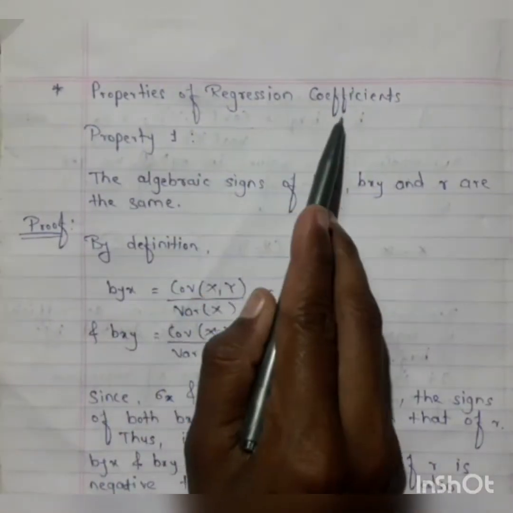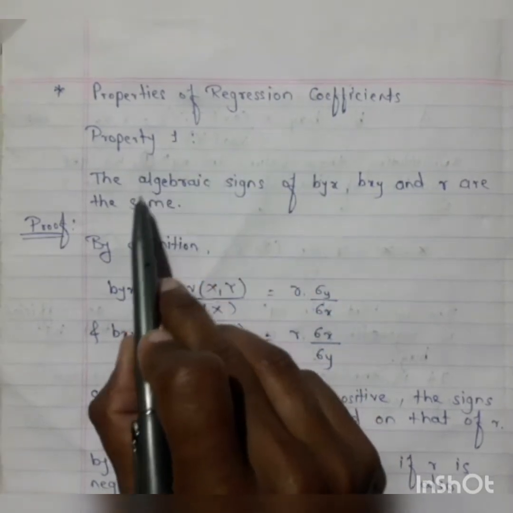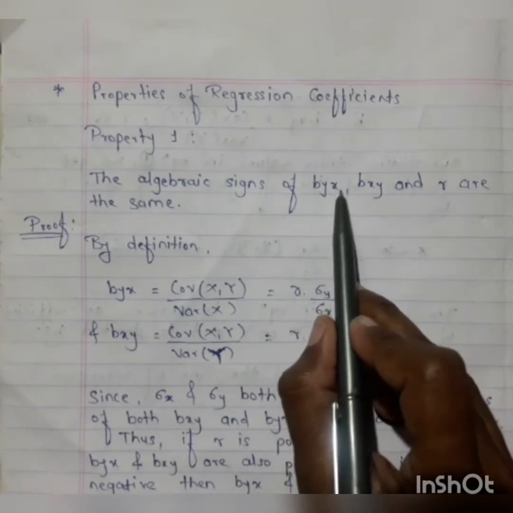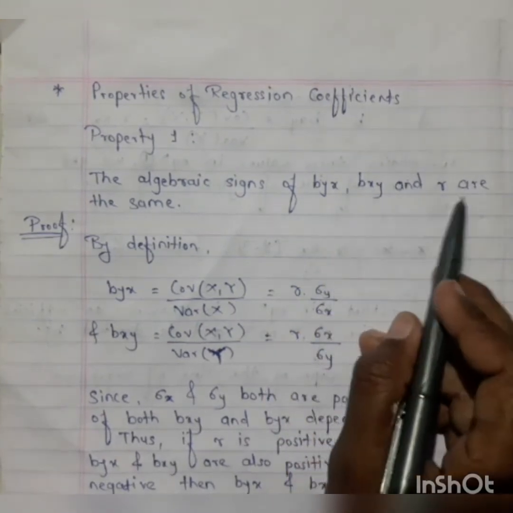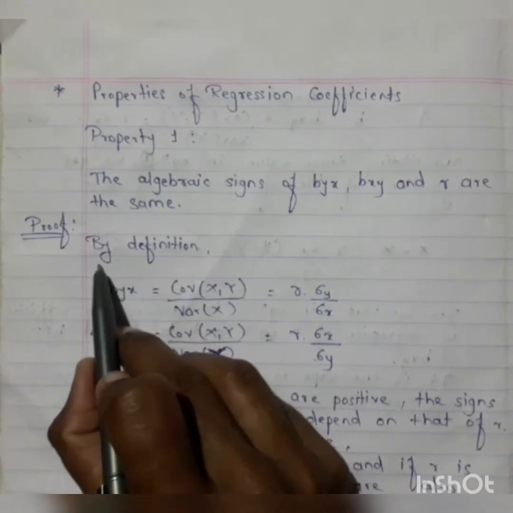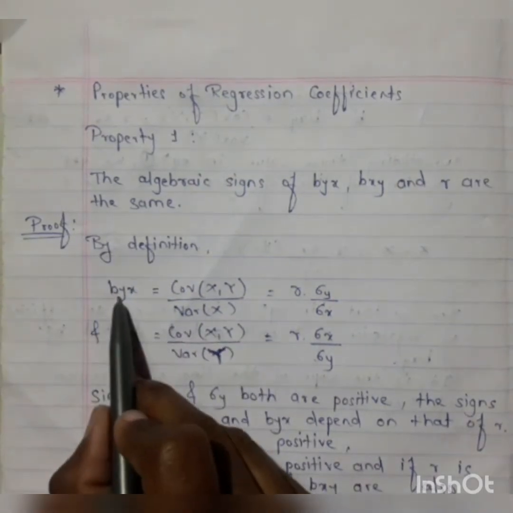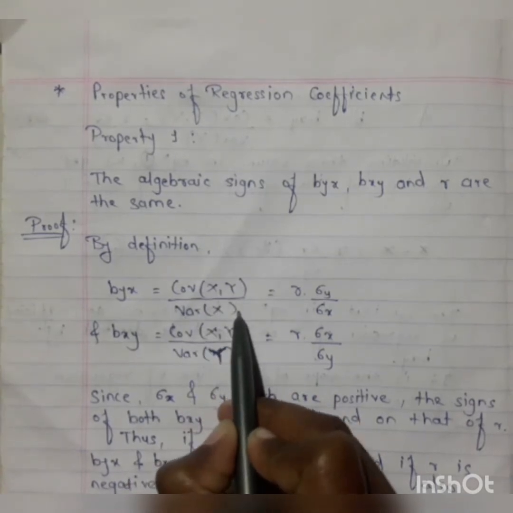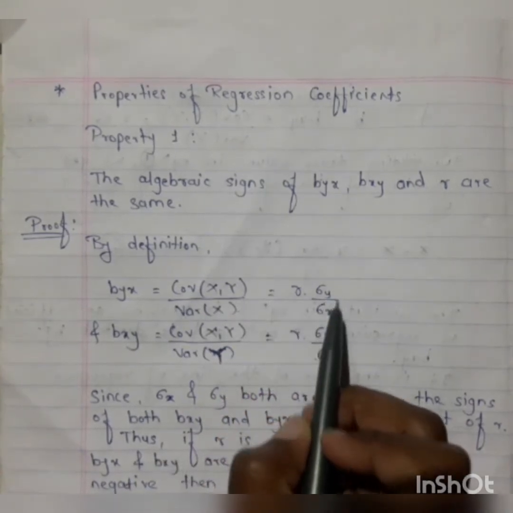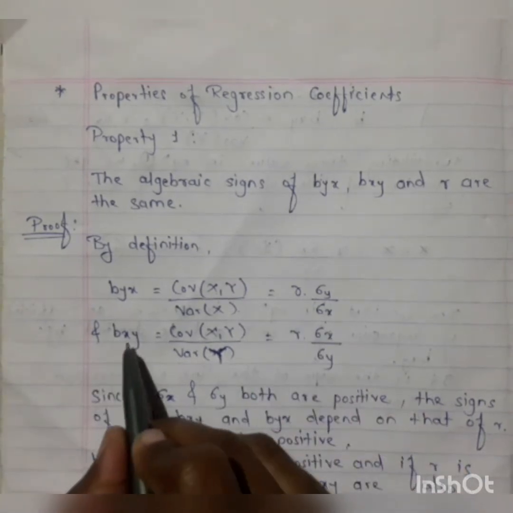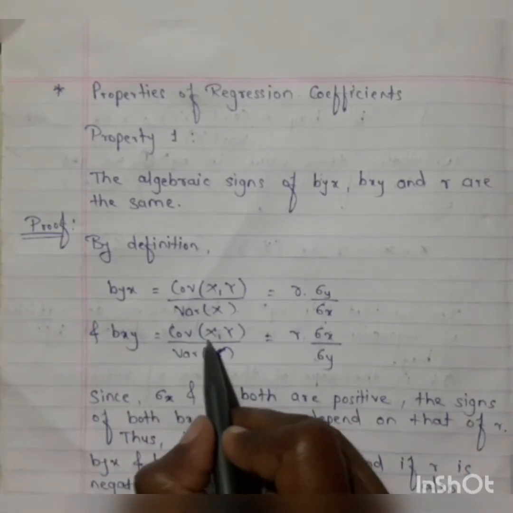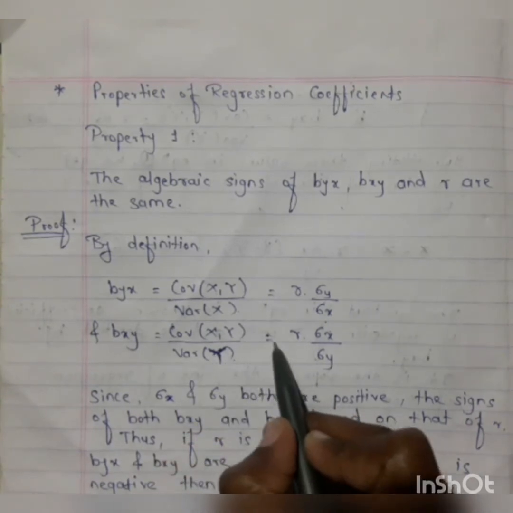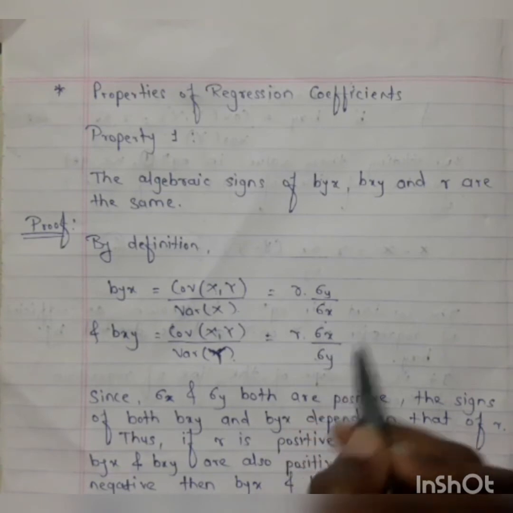properties of regression coefficients. The first property is that the algebraic signs of byx, bxy and r are the same. Proof: we know that by definition byx is equal to covariance of capital X comma capital Y upon variance of capital X, which is equal to r into sigma y upon sigma x, and bxy is equal to covariance of capital X comma capital Y upon variance of capital Y, which is equal to r into sigma x upon sigma y.